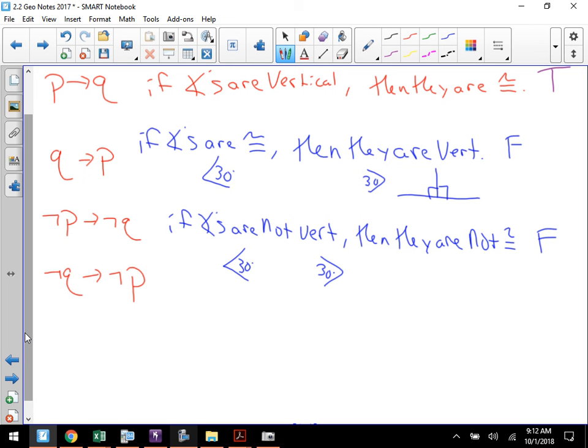And the last one is what they call the contrapositive, that is the not Q, not P. If angles are not congruent, then they are not vertical.